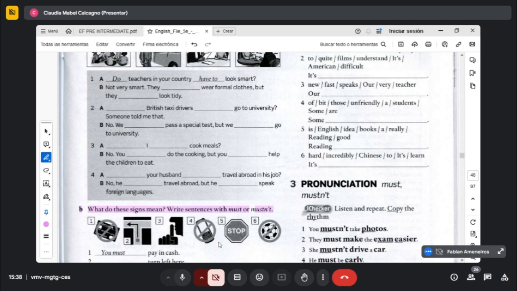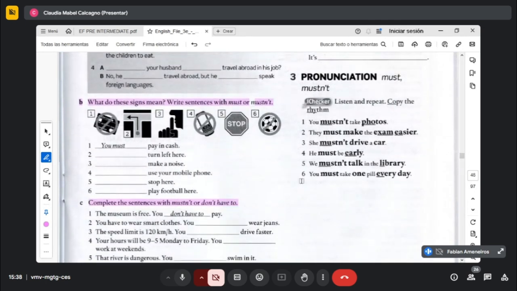No, he doesn't have to travel, but he has to. Careful with he. He has to speak foreign languages. Okay. Questions? Anyone? No. So far, so good.